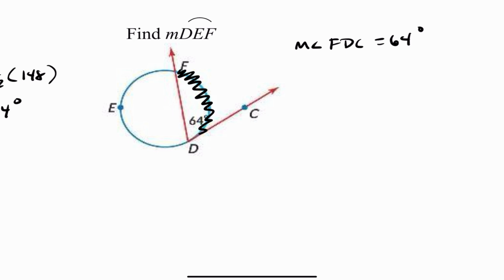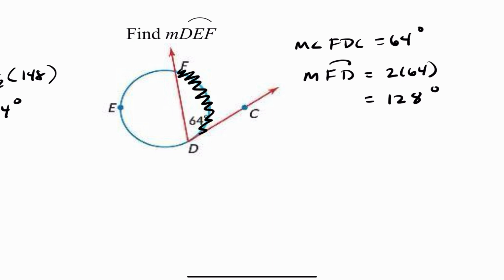Okay? So I'm going to make a note. The measure of arc FD is twice the angle. So that is 128 degrees.